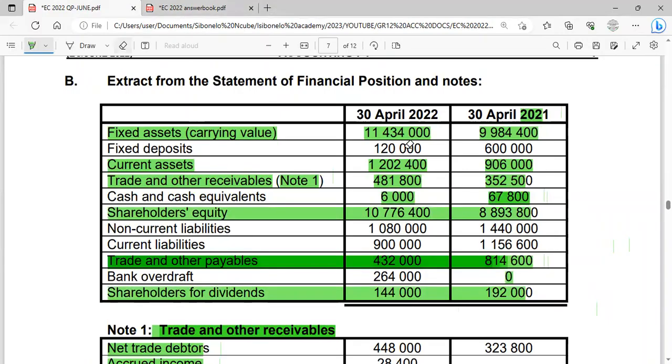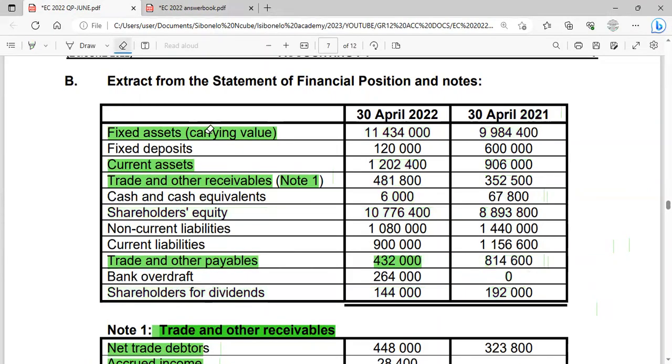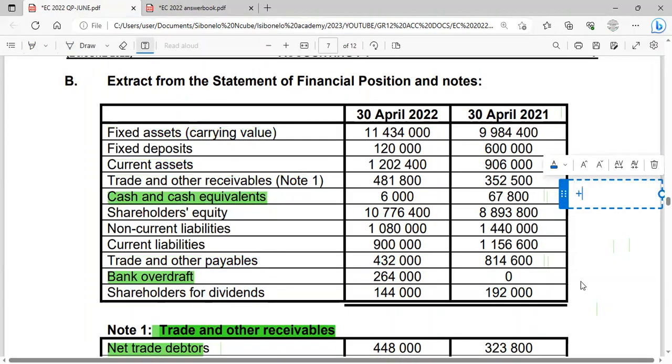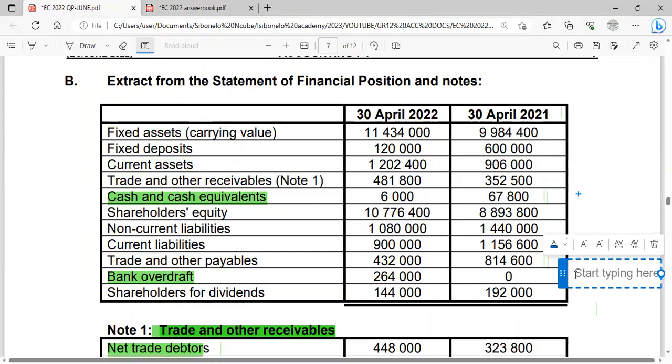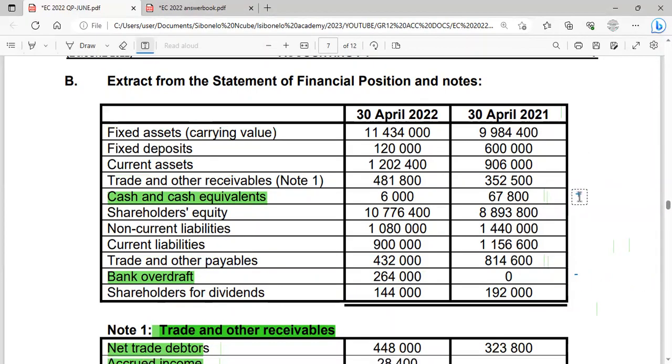So let me erase everything. I want to show the amount that I'm highlighting. So we are dealing with cash and cash equivalent and the overdraft. And guys, cash and cash equivalent is positive, and an overdraft is a liability, so it is negative. So cash is an asset, that is why it's positive. And then bank overdraft is a liability, so it is negative.